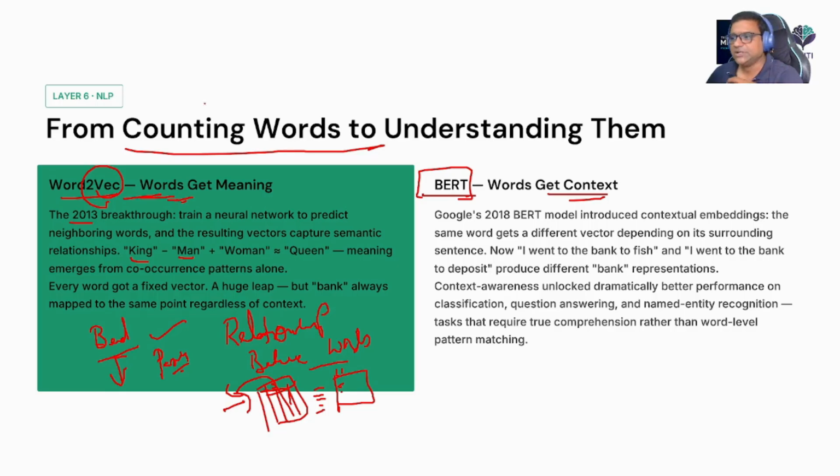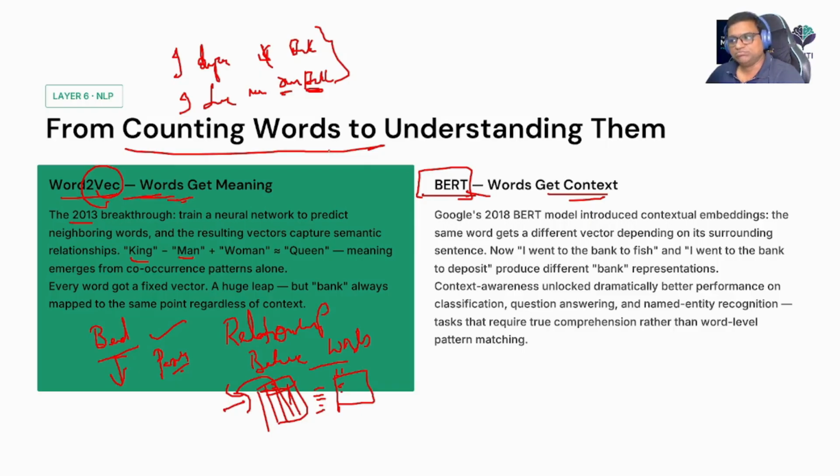Take the example I just mentioned: I deposited money in the bank, I sat near the river bank. The machine may think bank is a financial institute, whatever definition is in the vector database, and it extracts, assigns and classifies. But these two are not the same. So BERT brings the context.